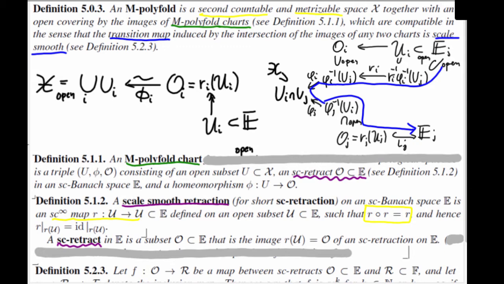So that's a map from an open set of a scale Banach space I to a scale Banach space Ej, not necessarily an open set there, but I don't care. So I can ask this to be scale smooth in the sense we discussed.